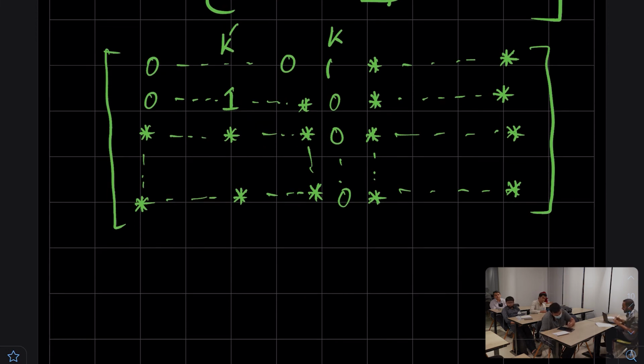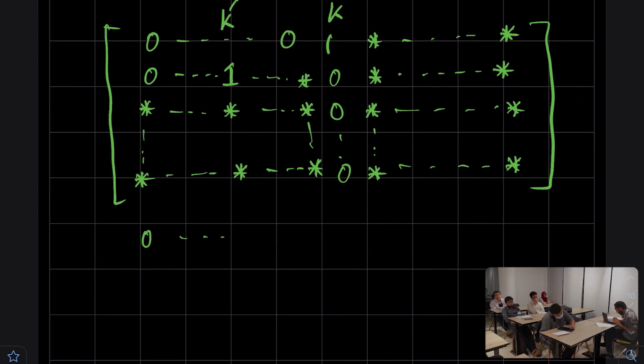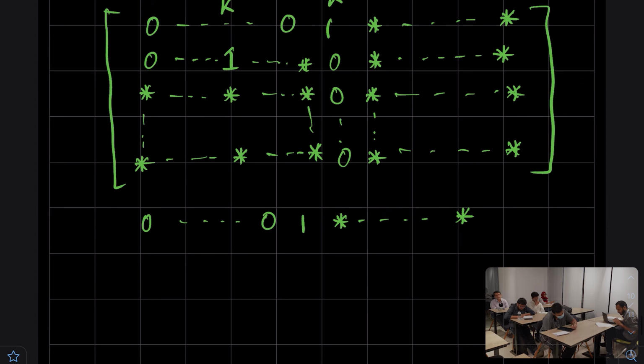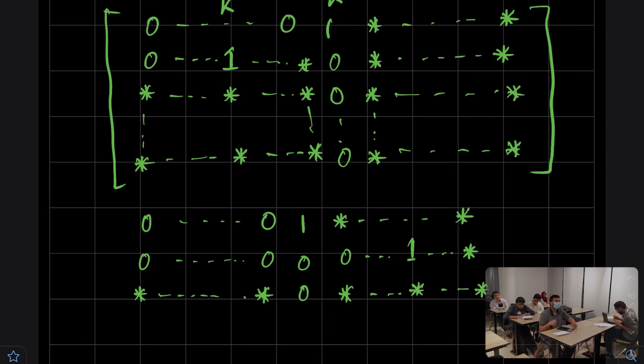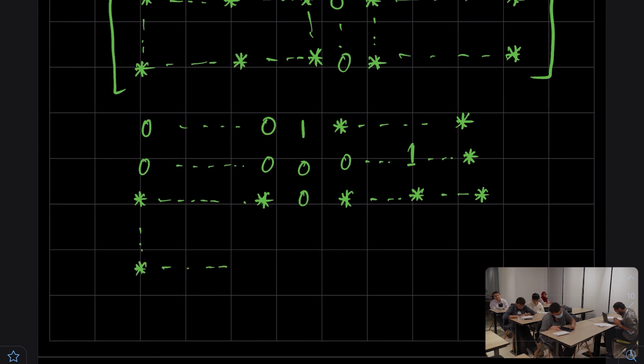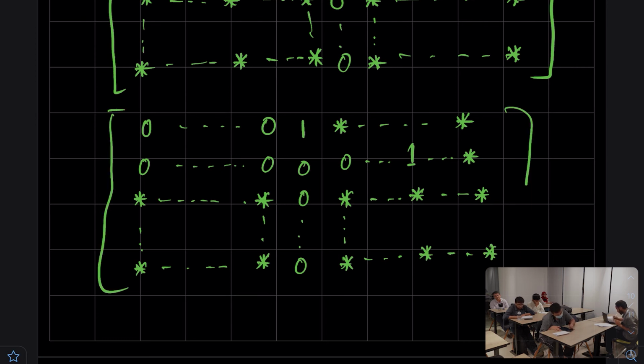Then another situation can arise, that it is possible that 0, 0, 1, star, right?